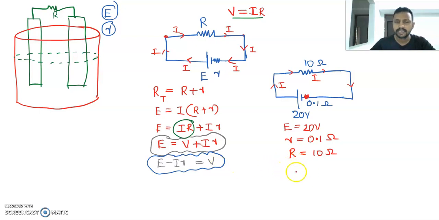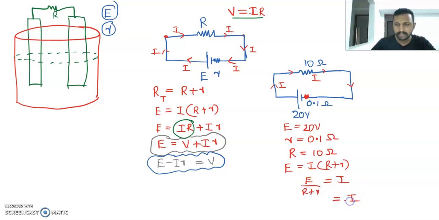Therefore, we could say EMF is equal to I into R plus r. Let me write that equation over here: EMF = I into (capital R plus small r), from which we could say I is equal to EMF divided by R plus r.